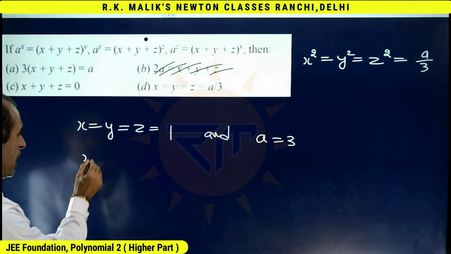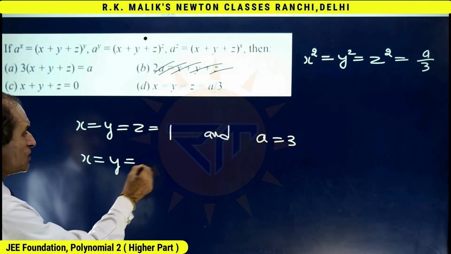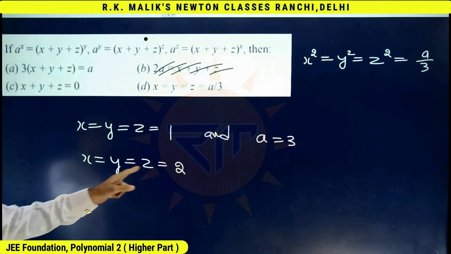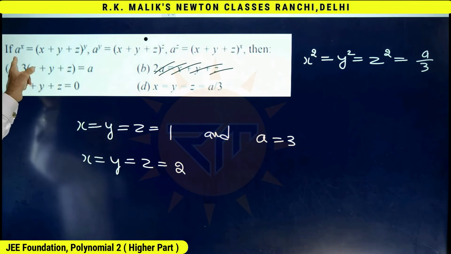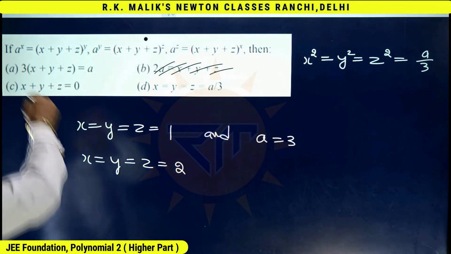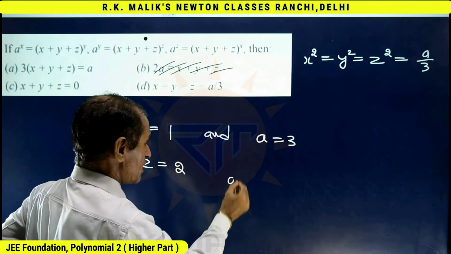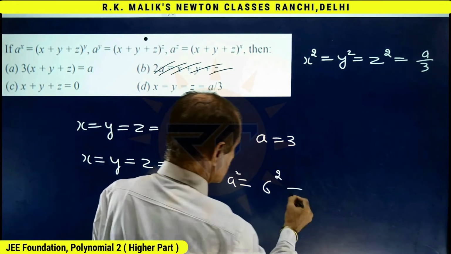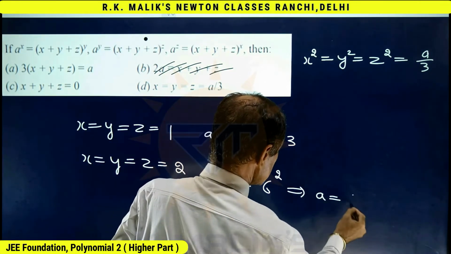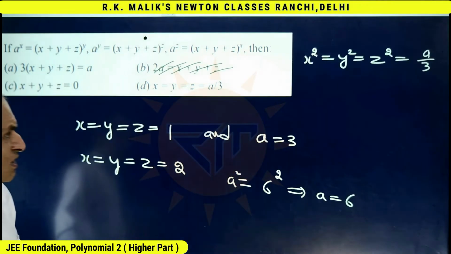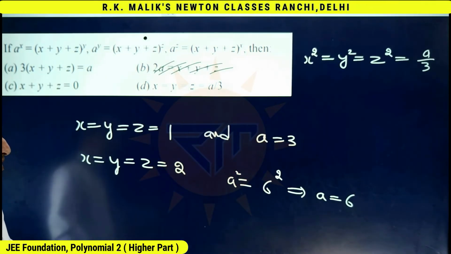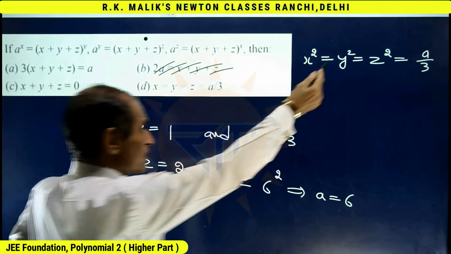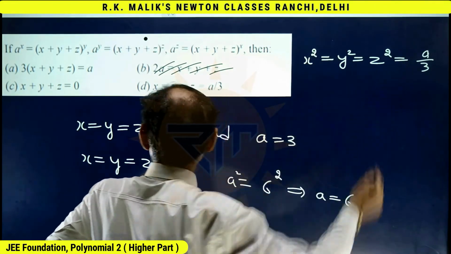Let us take the value of x equal to y equal to z equal to 2. And if I take these values of x, y, z, obviously the first one will become a square equal to 6 square, that is the value of a will become 6. And in that case, this choice will be satisfied, but this will not be satisfied.